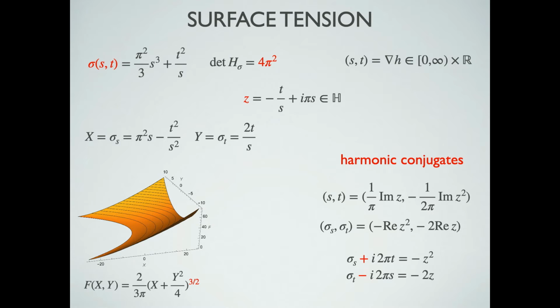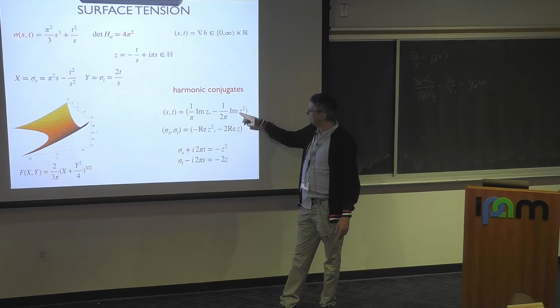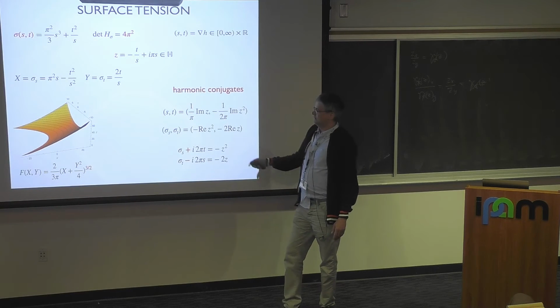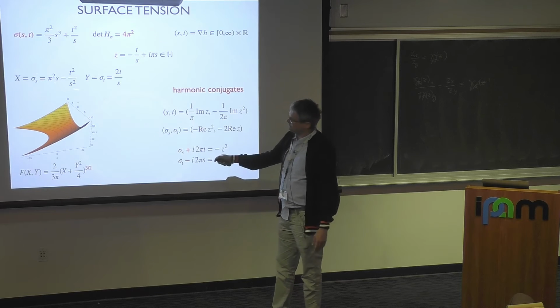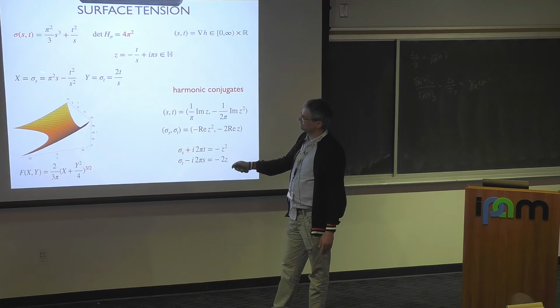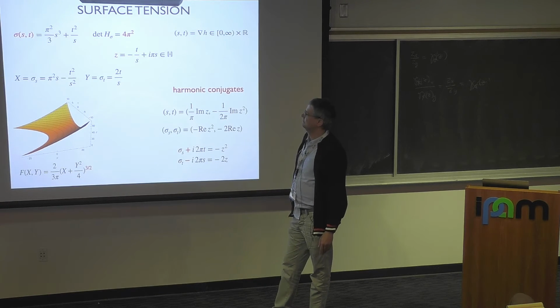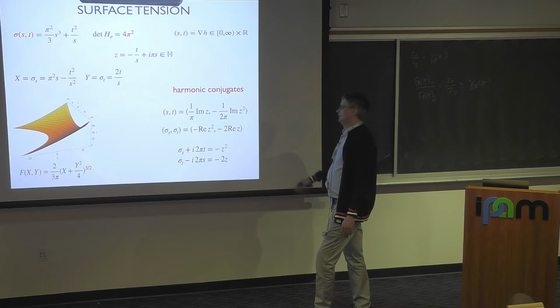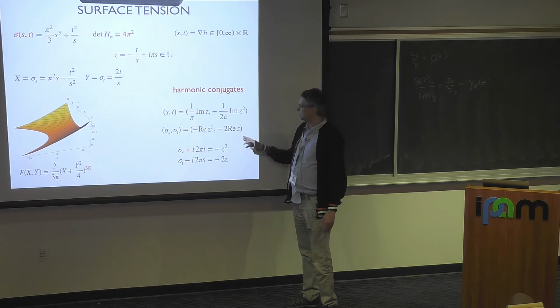And okay, one can then cook up the z coordinate just in this way. So better to think of it in terms of the inverses. So the s and t will be the imaginary part of z and z squared. And then you can also view these dual variables, the partial derivatives of sigma with respect to s and t, they also are harmonic functions.